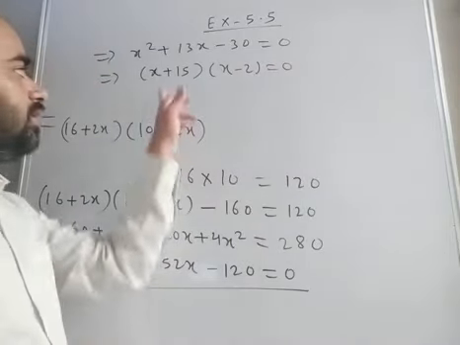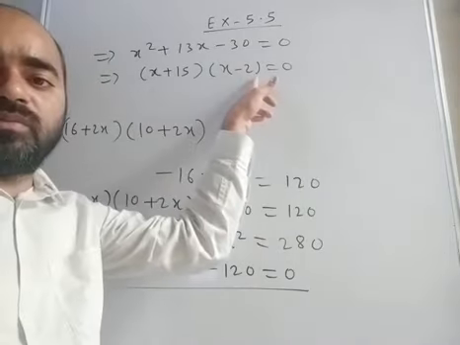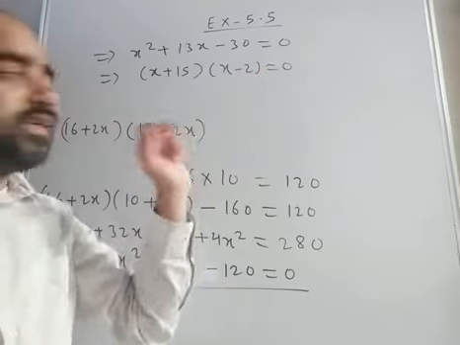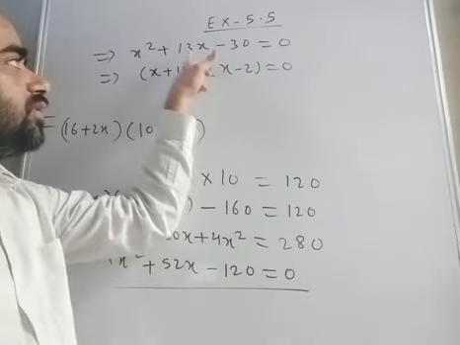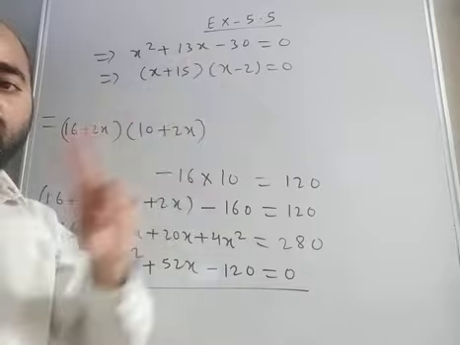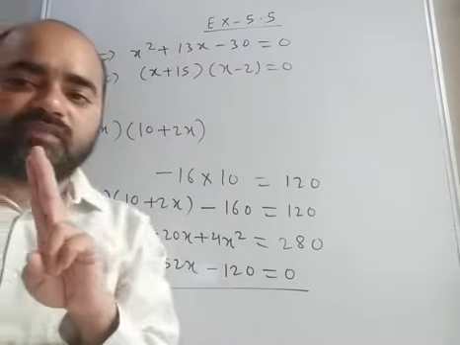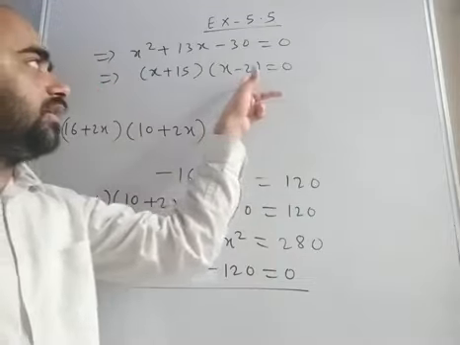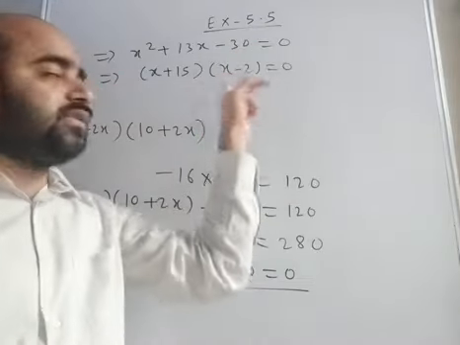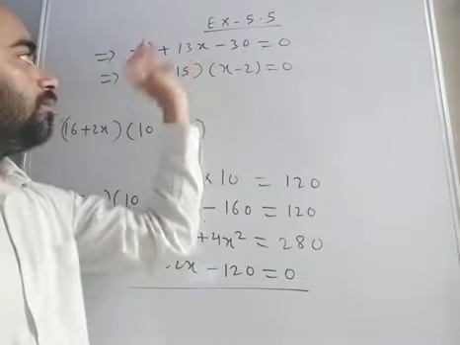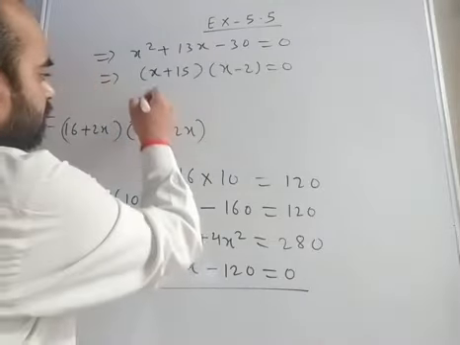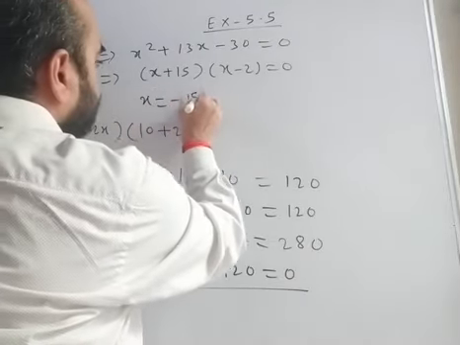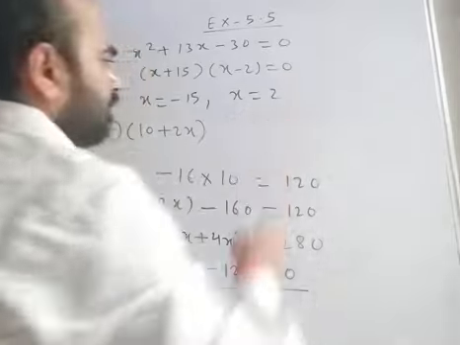Now you can see plus 15 into minus 2, product will be minus 30, plus 15 minus 2, sum will be plus 13. Both have to be satisfied, product as well as sum. It means x will be minus 15 or x will be plus 2.